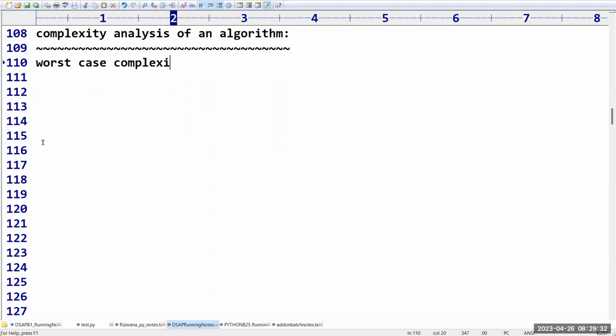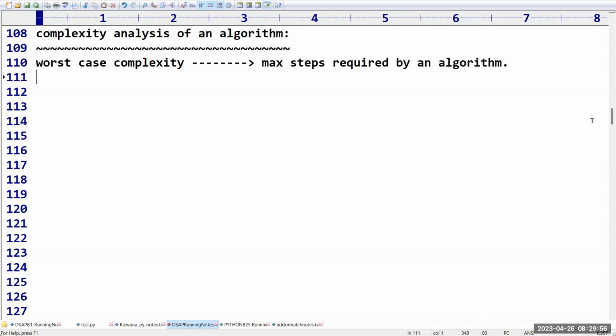What is meant by worst case complexity? It is the maximum steps required by an algorithm. If you take any algorithm, the maximum number of steps required is the worst case complexity.